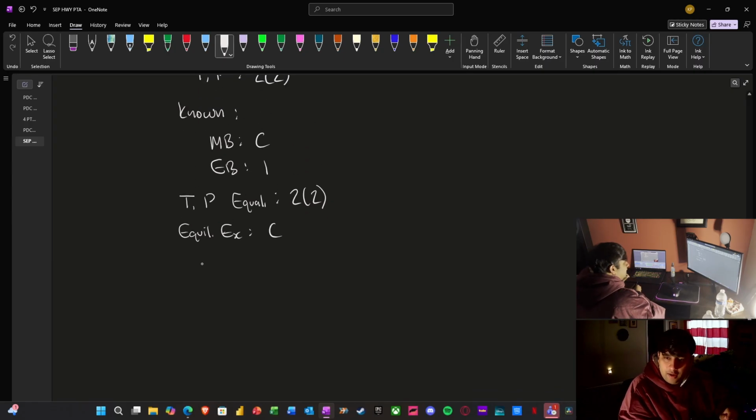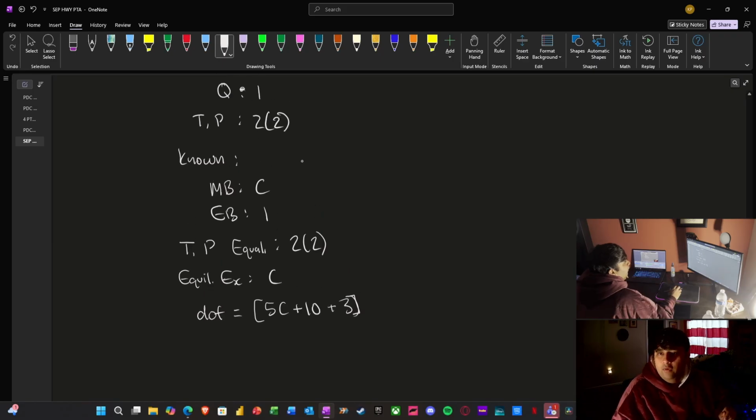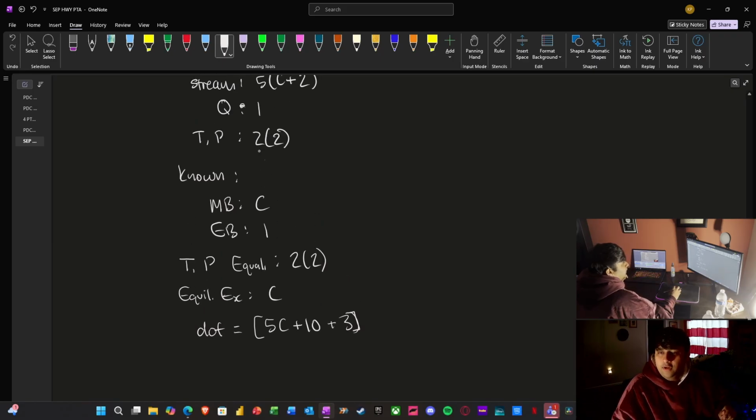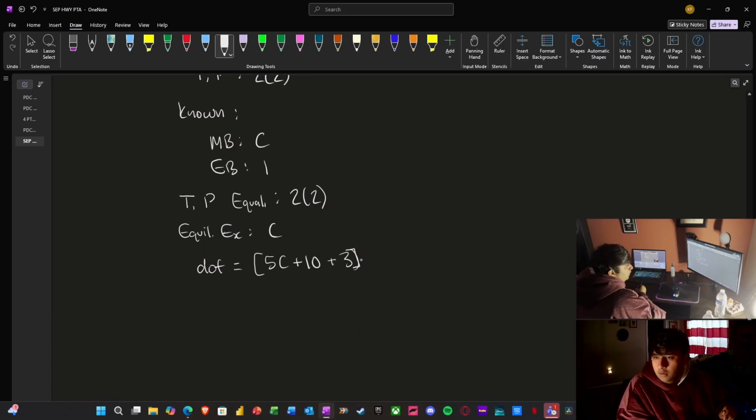And now we can calculate our degrees of freedom. So what we're left with is 5C plus 10 plus 3, which is taking into account for our temperature, pressure, and heat exchange, minus 2C plus 5.